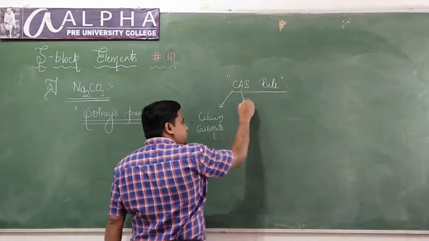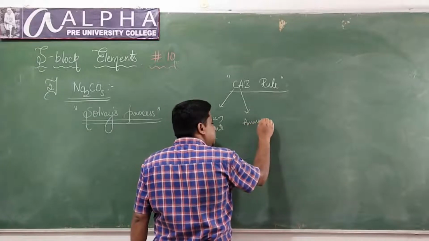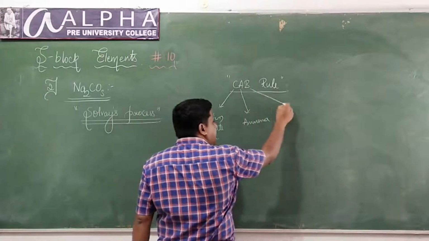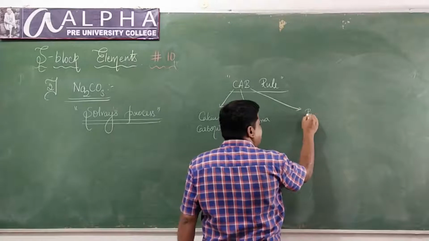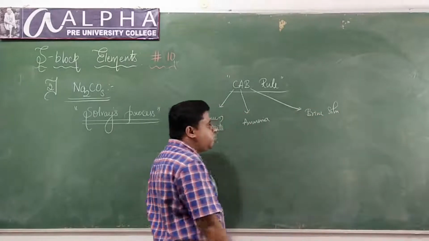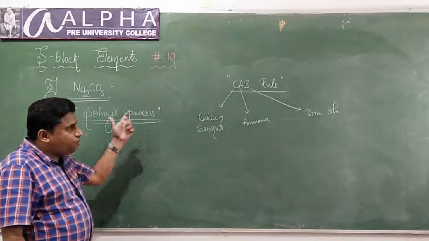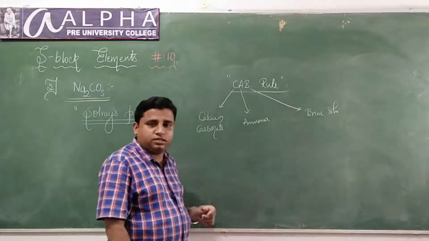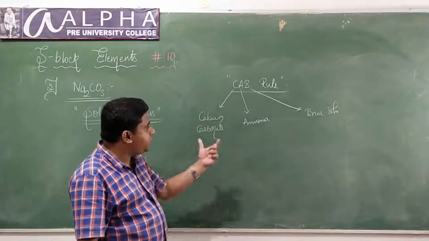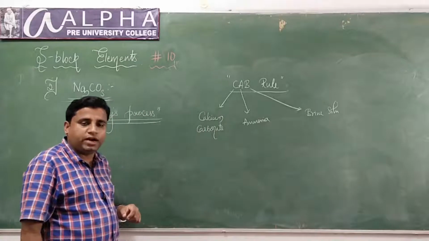A stands for ammonia. And B stands for brine solution. So in the Solvay process, we are going to use these three compounds: calcium carbonate, ammonia, and brine solution. Are you getting my point?